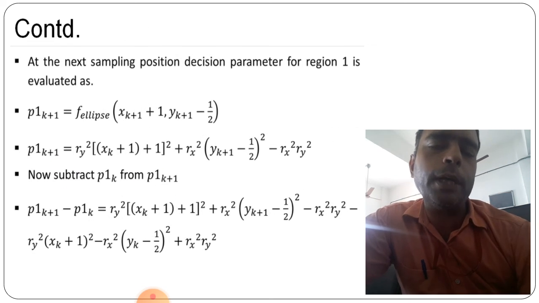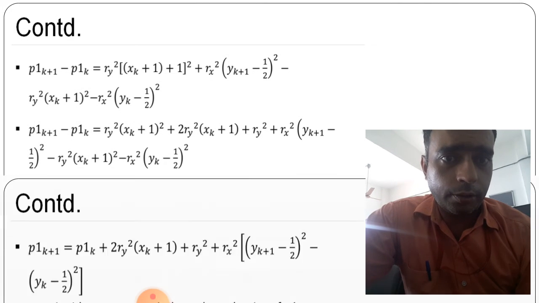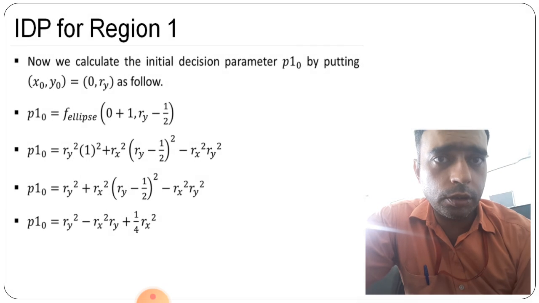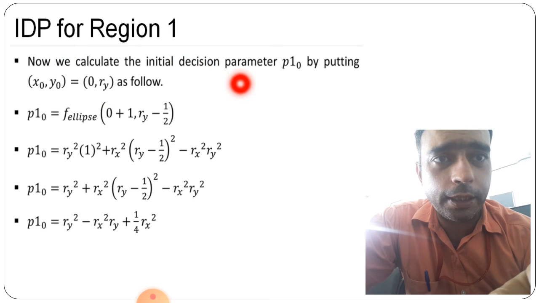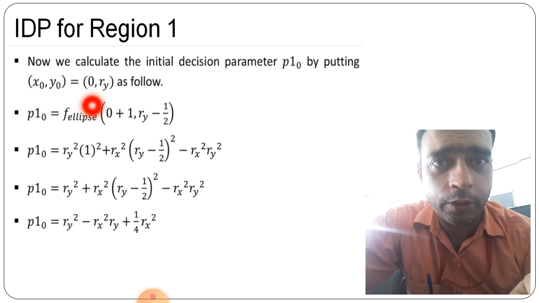So that will depend on the value. Okay. So this is the initial decision parameter, that is p10. Now it is obtained by taking x0 comma y0 as 0 comma ry.